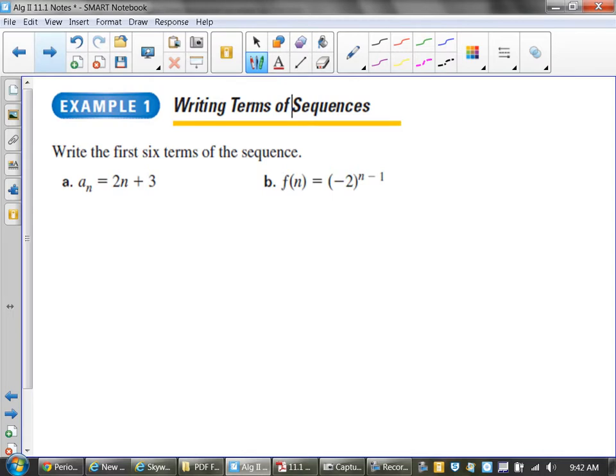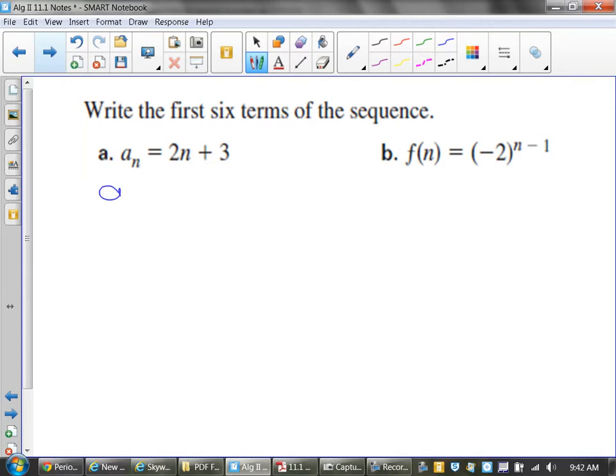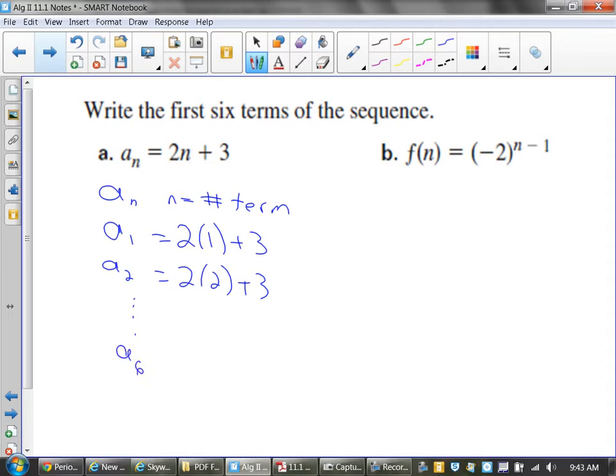This subscript, a sub n, this n value is the number term. So a sub 1 would be the first term, 2 times 1. A sub 2, 2 times 2. A sub 6. Again, this is nothing scary.